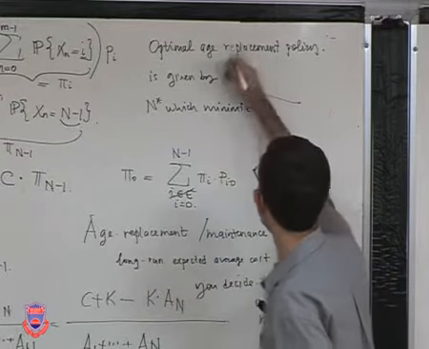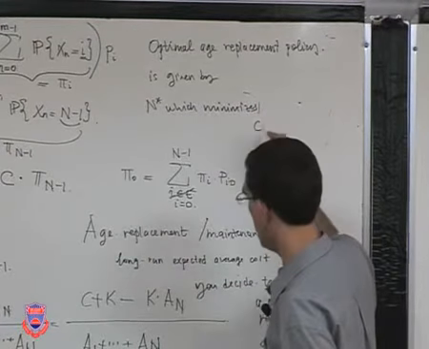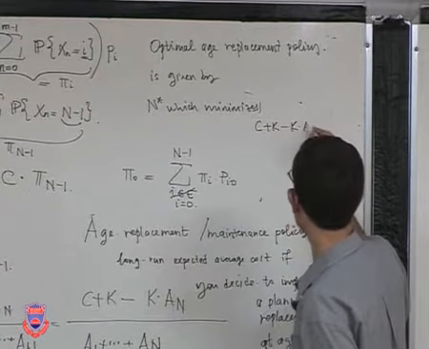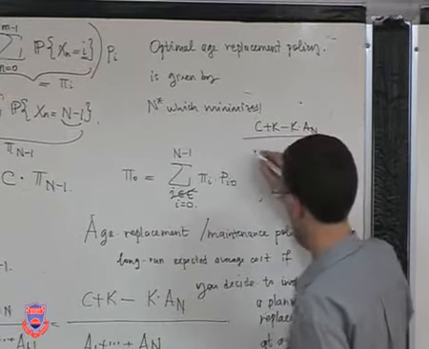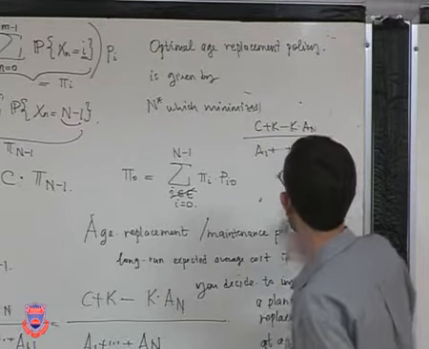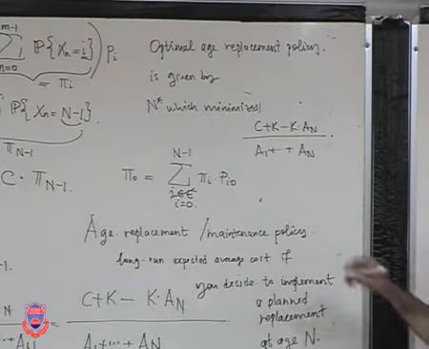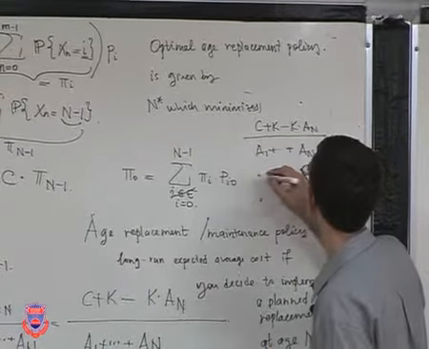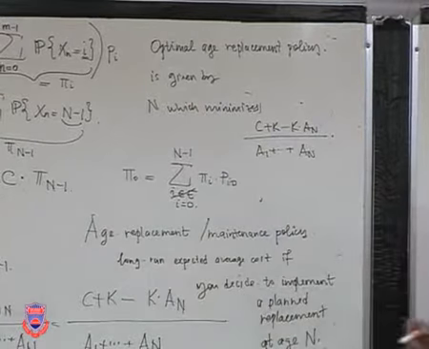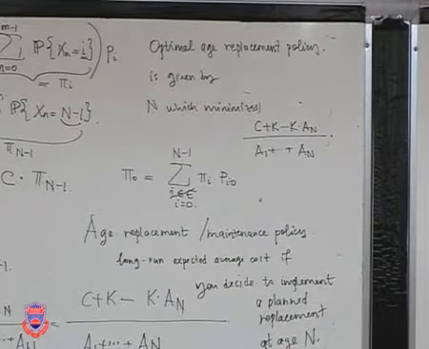So whether you construct a table or just plot it, whatever you do, find the n which minimizes this. All right? Any questions about this?